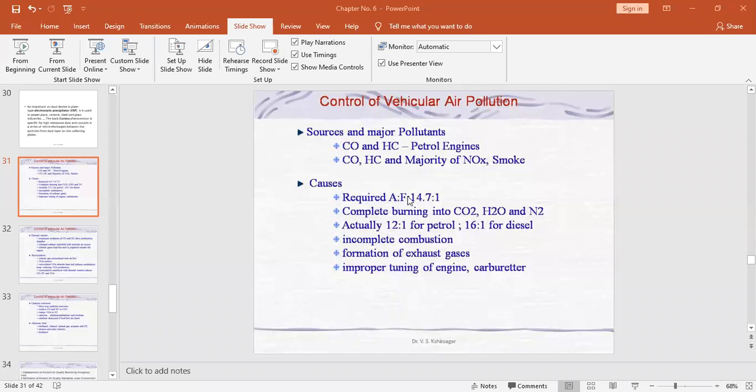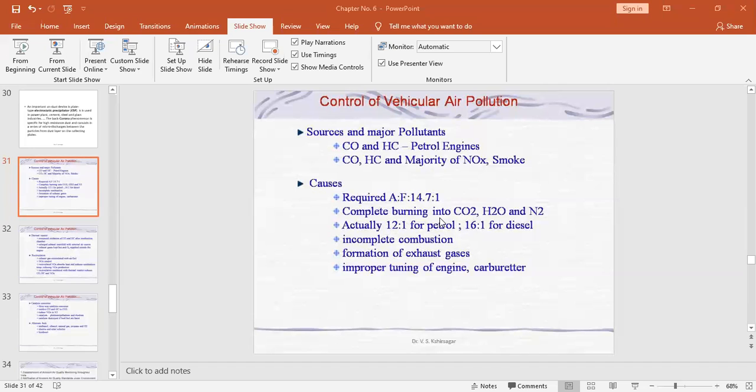A stands for air and F stands for fuel. The standard air to fuel ratio in automobiles should be 14.7:1. If it is performing well, if it is maintaining the same ratio, then complete burning is possible.